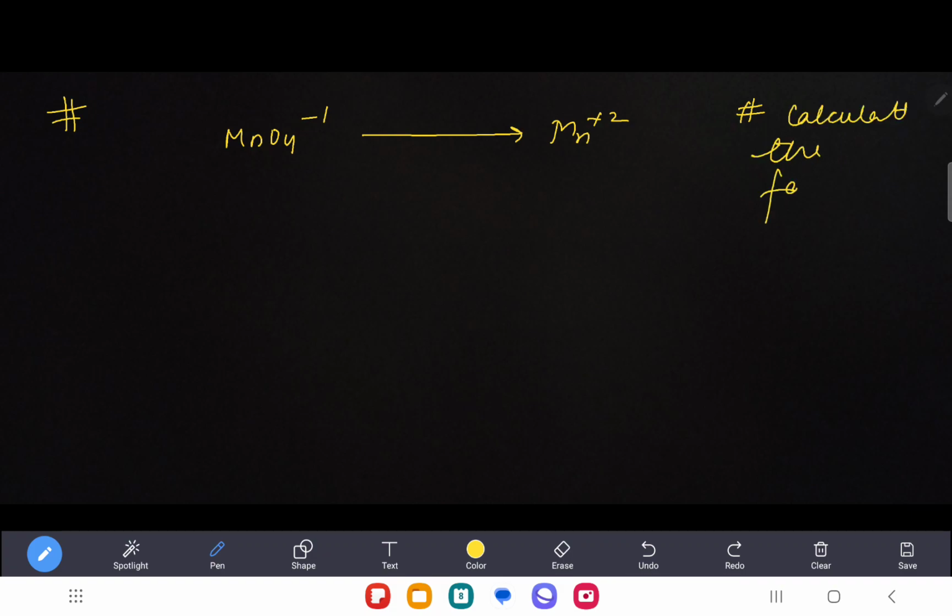So for example, here if you do MnO4 minus 1 and let's suppose it is converting into Mn plus 2. हाँ, aqueous में हो रहा है. Let us suppose if I say calculate the Faradays required.